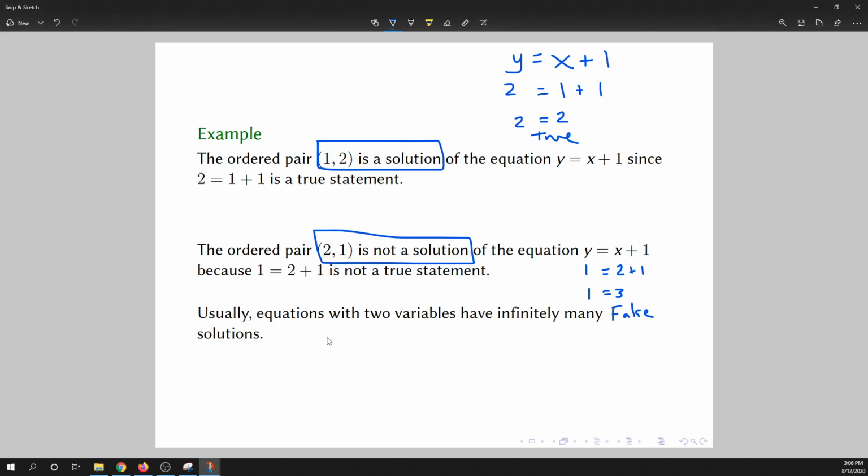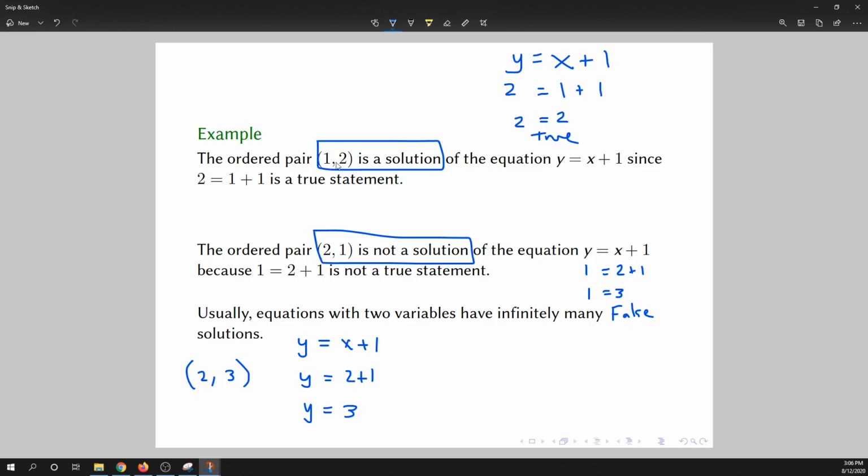To show you that this equation has infinitely many solutions, if I take any number and plug it in for x, let's say a 2, I will be able to find some ordered pair. So (2, 3) is a solution of this equation.